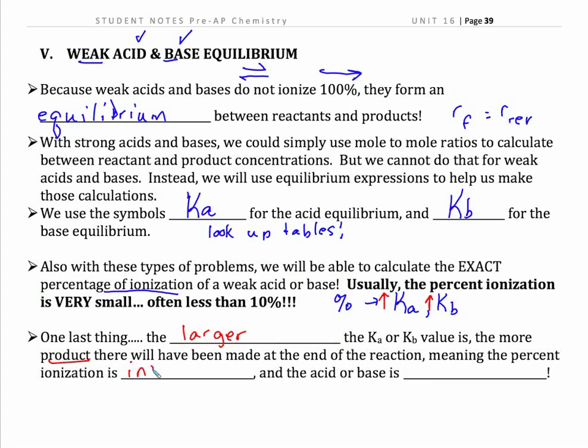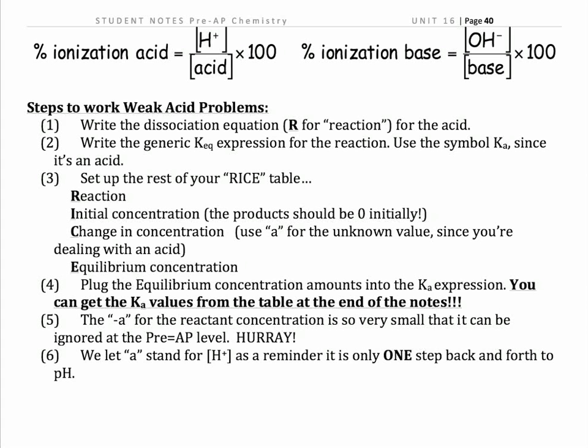That means that you have an increased ionization, and we say that the acid or base is stronger. One is stronger relative to another. We'd be making comparative statements. So as you increase the Ka or Kb, you increase that percent ionization, but also that percent ionization is dependent on the molarity. Okay, so that's true as well.